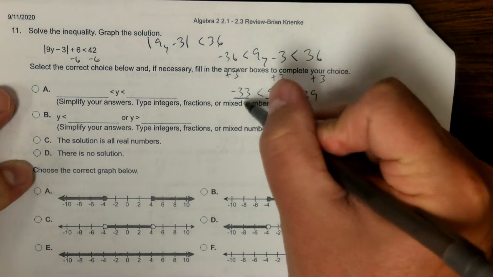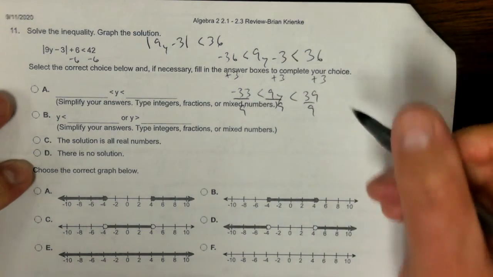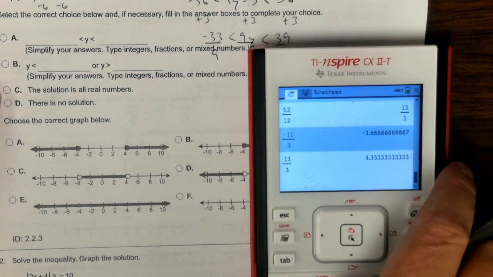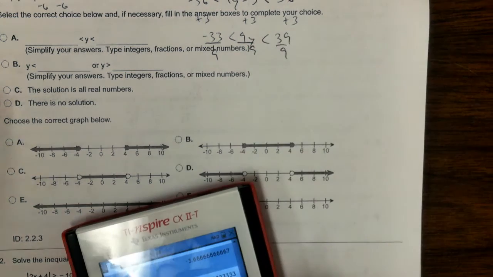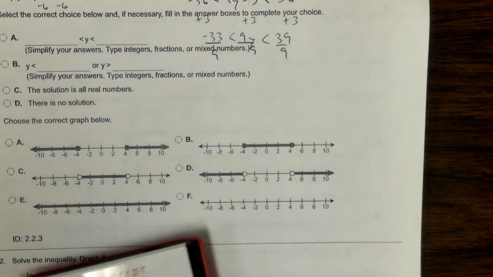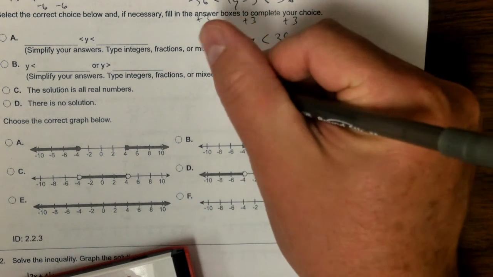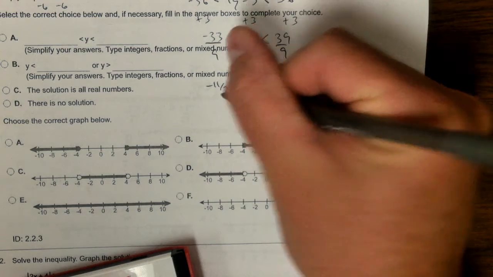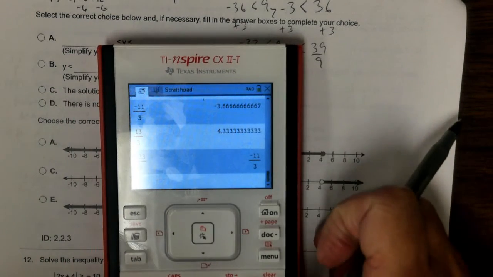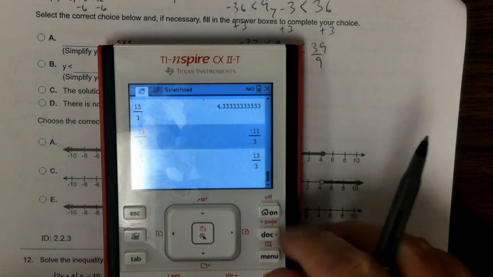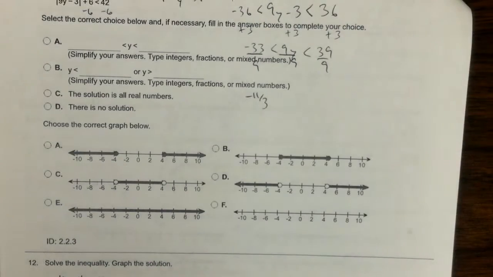Then divide by 9. Negative 33 divided by 9 is negative 11 thirds. And 39 divided by 9 is 13 thirds.